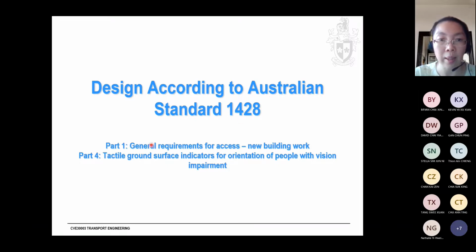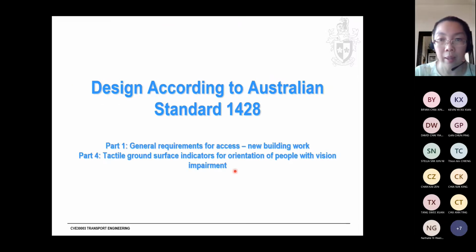We will only discuss part 1 and part 4. Part 1 is the general requirements for access to new building work, any new building. And part 4, tactile ground surface indicators for orientation of people with vision impairment. So we'll look at these two parts.